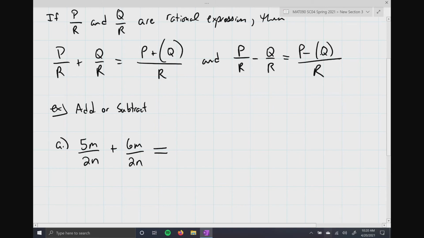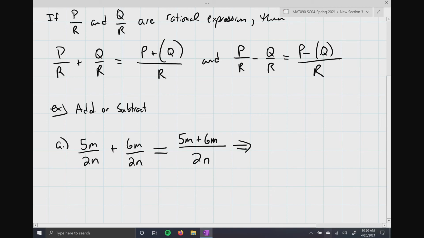Now, I'm adding rational expressions. The denominators are the same. So if you are strict and you replicate what I do, write the denominator once, write the entire numerator, and then simplify.